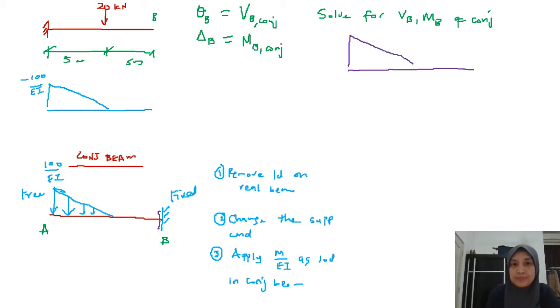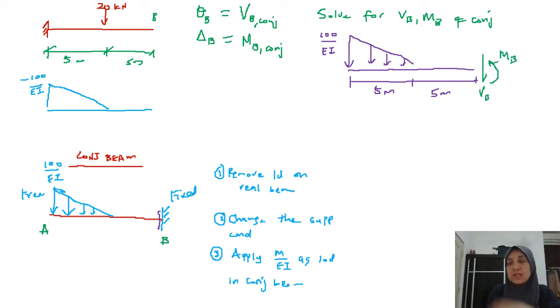This load is 100 over EI. This is 5 meters and 5 meters. I'm cutting just to the left of point B to find the internal forces. This is shear at B and this is my moment at B. If I find these two, they are basically my slope and deflection at point B.